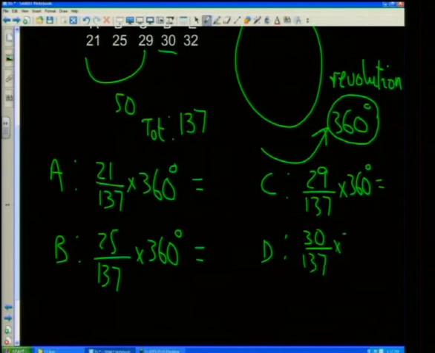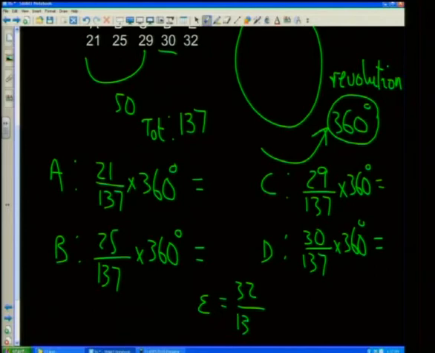That you multiply by 360 degrees. Then you get your degrees again there. So in the end, you've got E equals 32 divided by 137 times 360, and you work out the degrees over there.